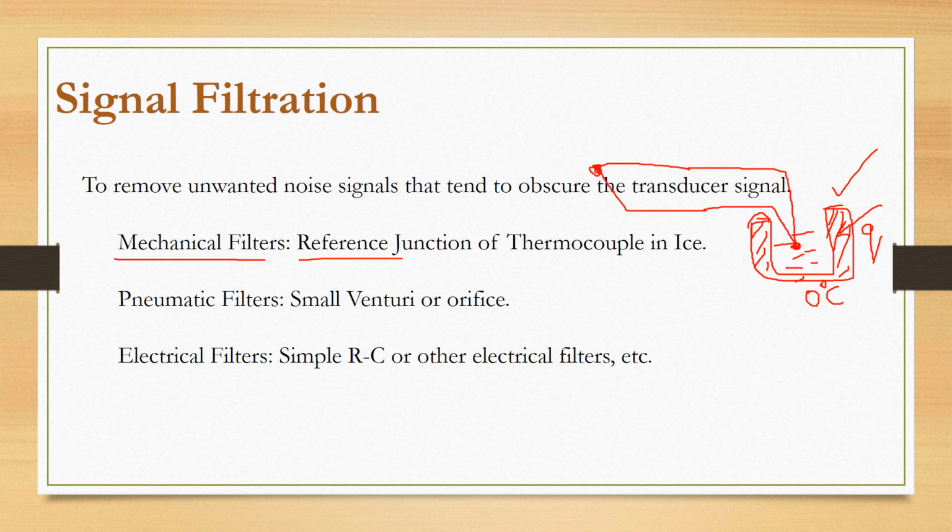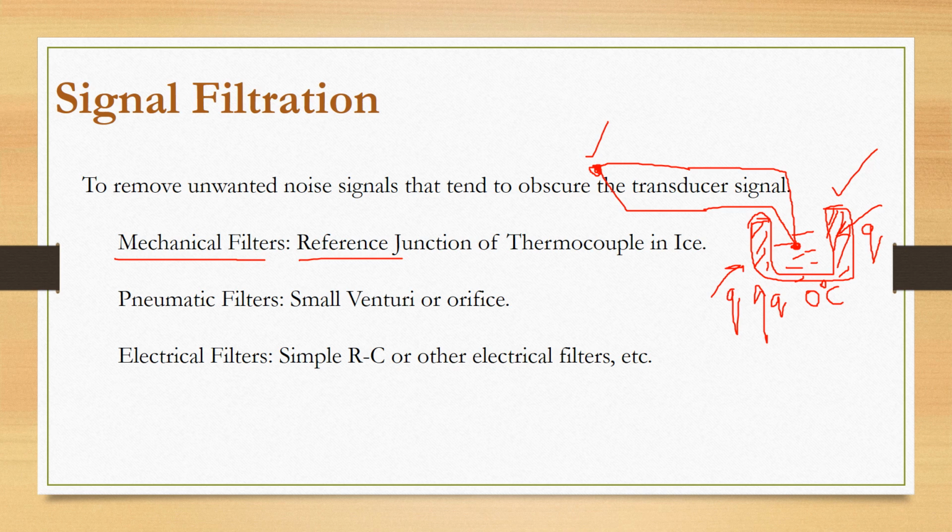Now if we do not have any insulation, then the heat from the surroundings can come and increase this temperature, and if this temperature is increased, then this reference junction value is changed, and this will result in the change in the measurement of temperature of this other junction.